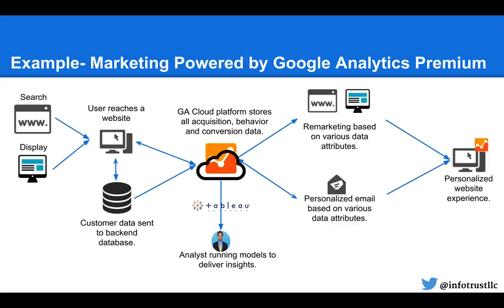So instead of always giving 100% to that last click, that last interaction a user might have had before coming to the site and converting, it'll look across all of your channels, across all the touch points in the consumer's journey or path to purchase, and give you a data-driven model of how to better attribute certain channels.